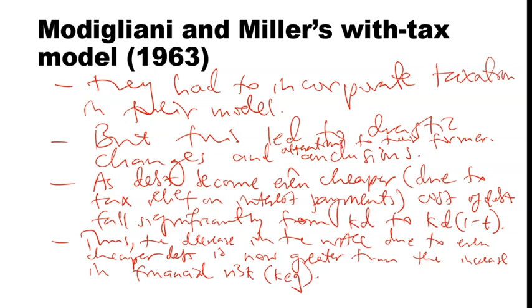So you can see that in this particular theory now, Modigliani and Miller were appreciating that tax was real and we are not living in a perfect market where there's no taxation.